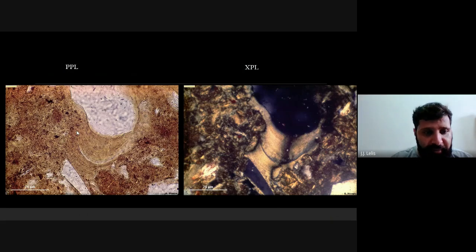Here we have some clay coatings partially filling some voids. So here is the void, it's black here, and here it's white. All the voids present this pattern, white in PPL and black or very dark in XPL.